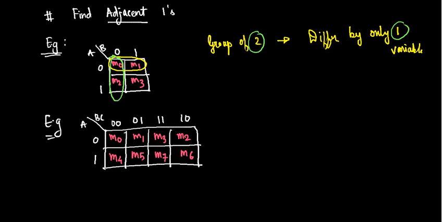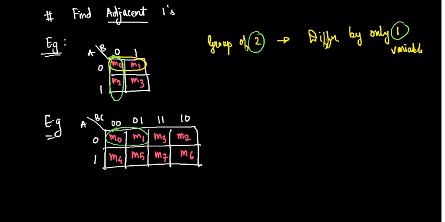Now see here, if you need to find a group of 2, just pay attention here. If you want to find adjacent ones, assume that all are ones. Go minterm by minterm. Say M0. M0 can be adjacent to this. I'm just making a group of 2. These are adjacent.